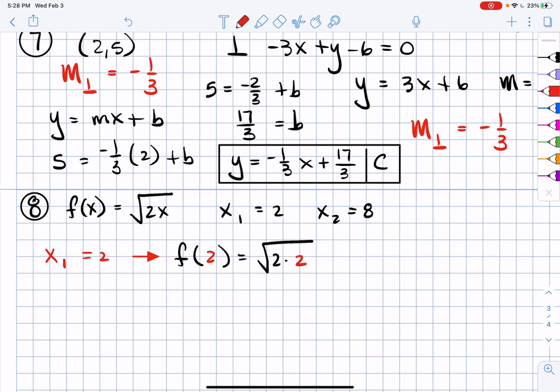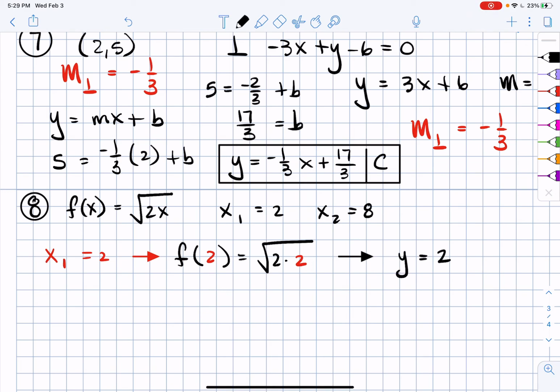So when x sub 1 is 2, that means my y is equal to 2.